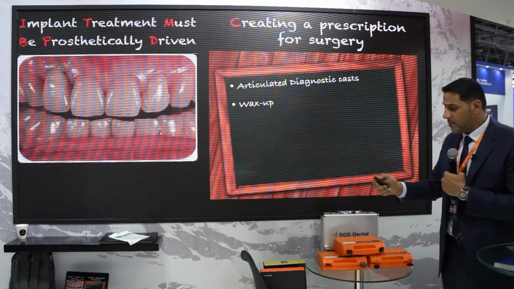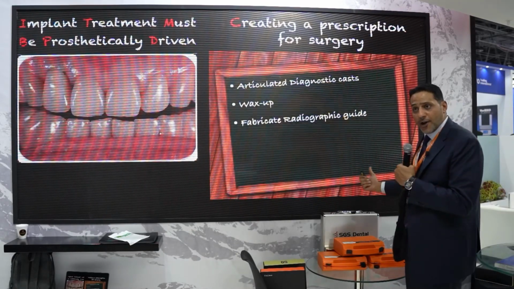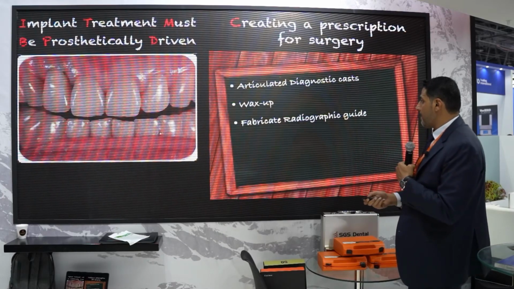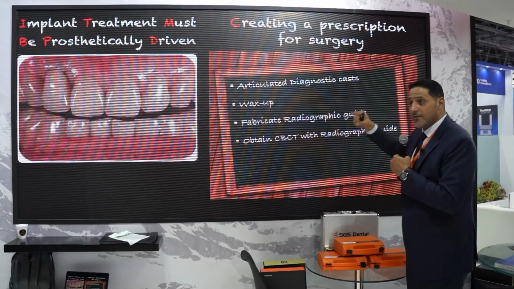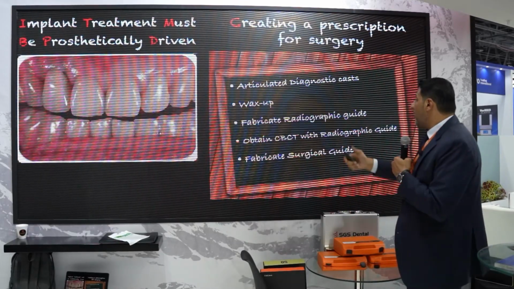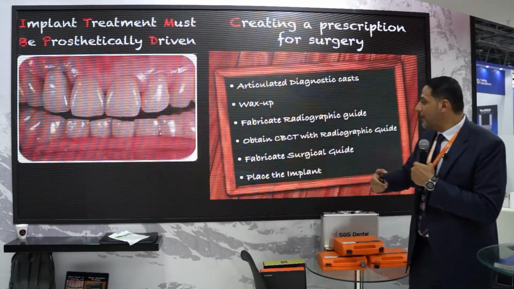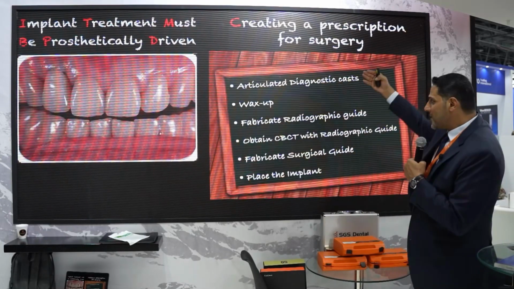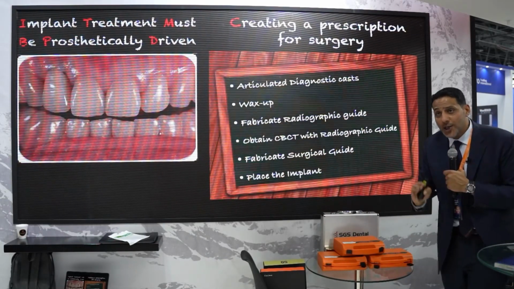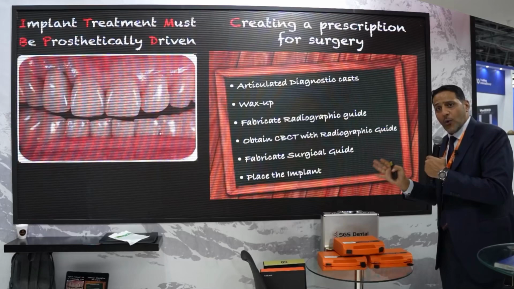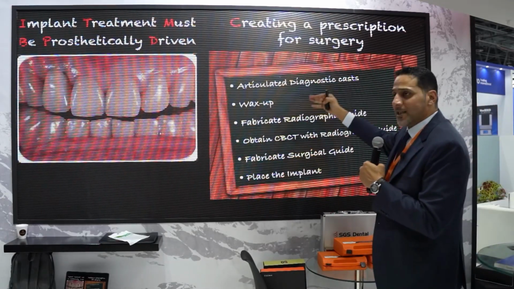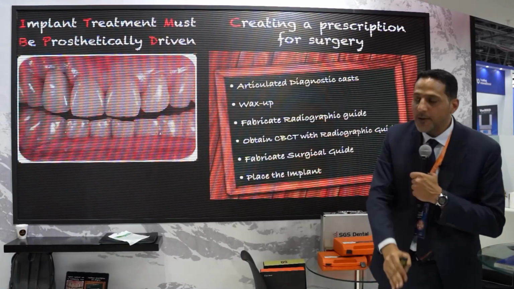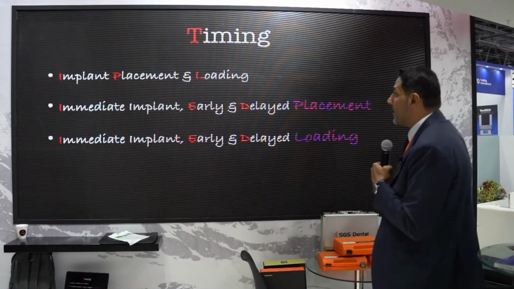Do the wax up, fabricate a radiographic guide, obtain a CBCT with this radiographic guide, fabricate a surgical guide, then place the implant. So these are the steps of the conventional or analog way of placing the implant. Mount the case, wax up, radiographic guide, CBCT, then surgical guide, then place the implant.